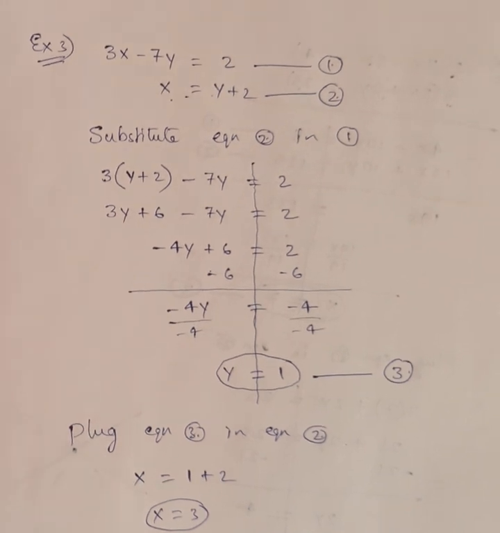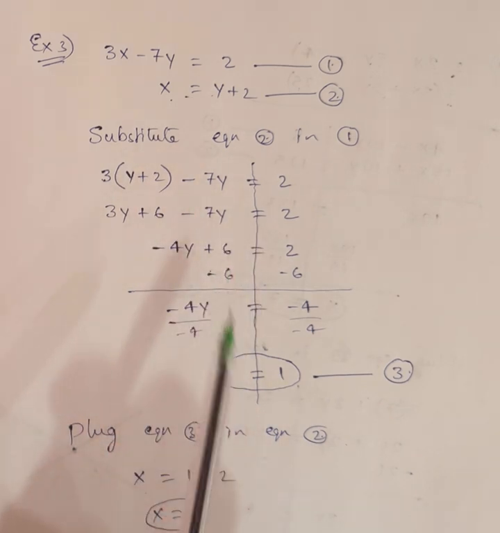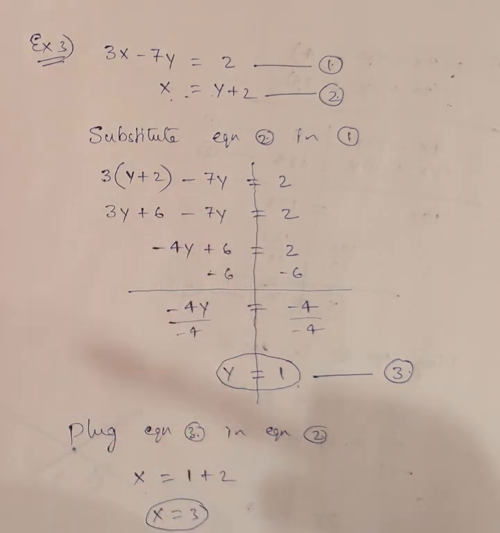So that's all I have in this video. You substitute, then get rid of one of the variables, and you will solve for one variable and then plug it in and solve for the other one.